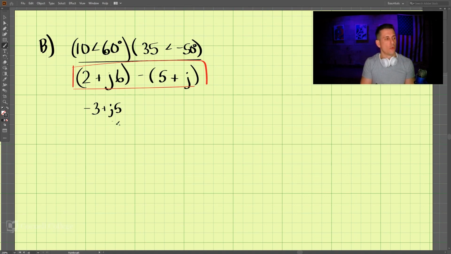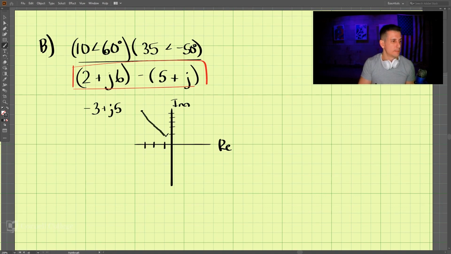And we'll take this and we'll convert it to polar coordinates. So if we convert that to polar coordinates, we have something where this is the real and this is the imaginary. So we have 1, 2, 3, and then 1, 2, 3, 4, 5. So something like this. And we're looking for R, and then we're going to be looking for this value here, this angle.